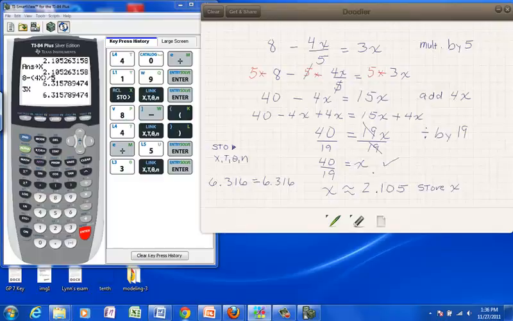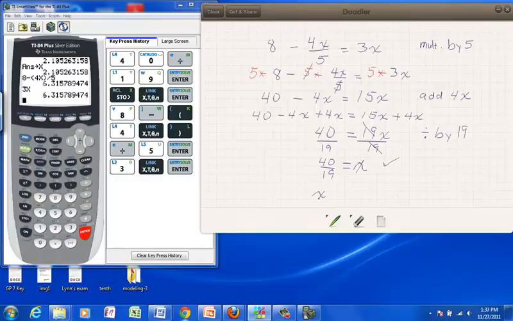If I'm just doing this for homework, I'll often only show, whoops, I erased too much there. I'll often just put this check mark after I've done the work on my calculator.